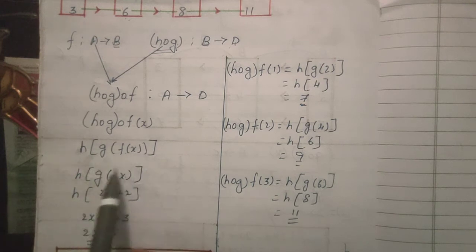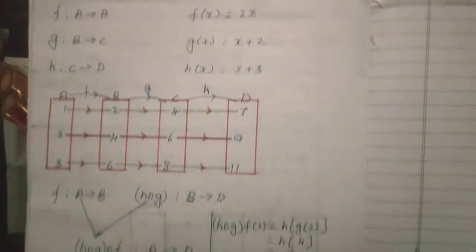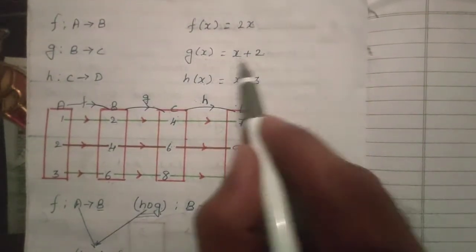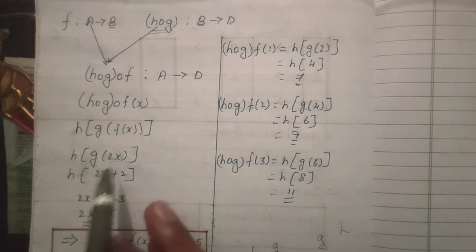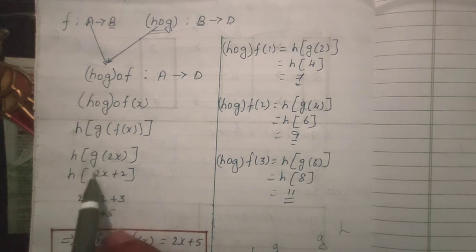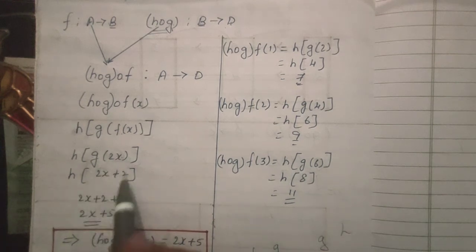Now g of this entire thing, I should assume as x. What is the g of x function? x plus 2. So now this entire thing I should assume as x, so it is 2x plus 2, because the g function is x plus 2, x means this plus 2.